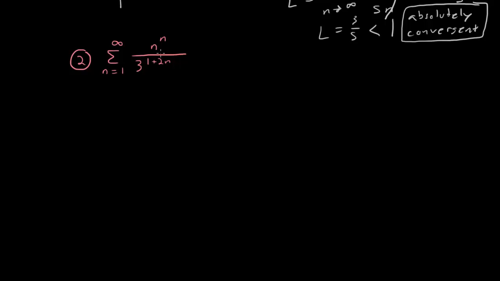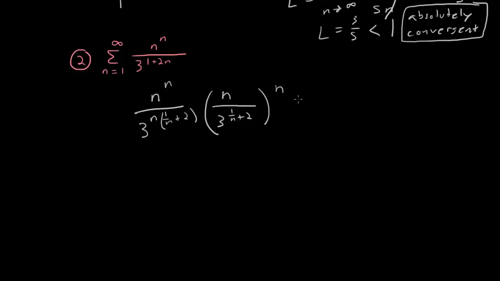So you might not think that you're going to use the root test here, but if you make it n^n over 3^(n+2), and you factor out an n, so n and then 1 over n plus 2, you do that, and then it's going to be (n/3^(1/n + 2)) all to the n. That is the same thing.